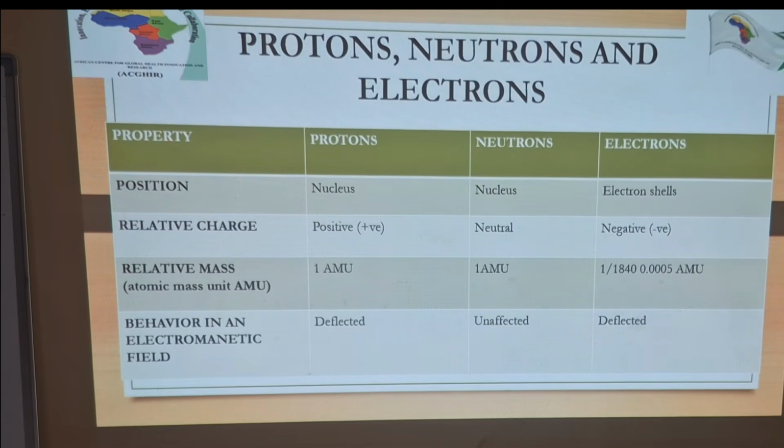The relative charge is negative, and the relative mass is 1 over 1840, which is 0.0005 atomic mass units. So the electrons are deflected in an electromagnetic field. Let us now have a diagrammatic illustration of the relative positions of protons, neutrons, and electrons in an atom.